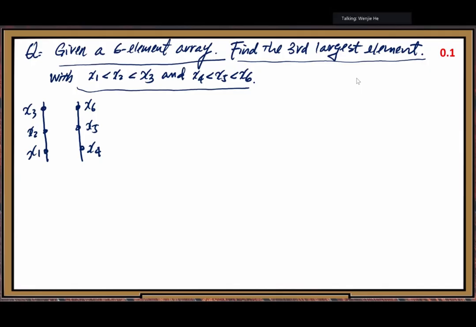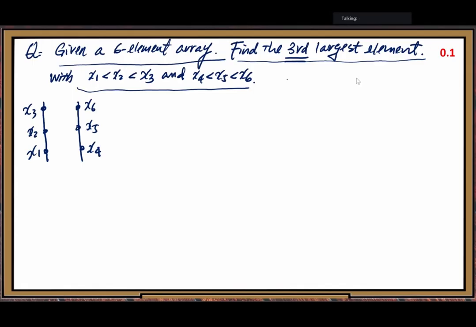The data arrangement is pretty much the merge situation. But here, we do not need to sort, so we only need to find the third largest. We want to use the minimum number of comparisons to find the third largest element. So here, there is a simple idea, the partial merge idea.